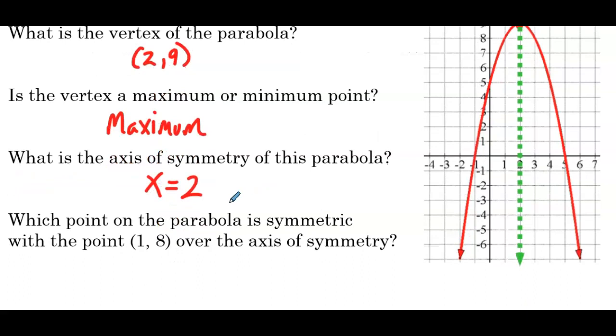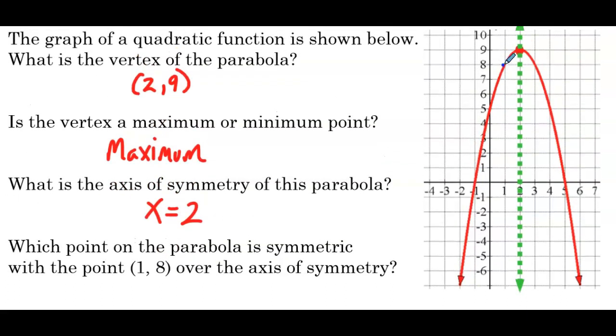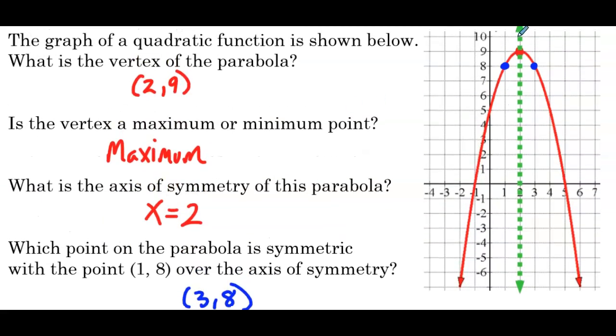Which point on the parabola is symmetric with the point (1, 8)? Okay, so the point (1, 8) is right here. So the point that's symmetric to it is right there, which is (3, 8). Well, why is that the case? Well, that's the case because the axis of symmetry is exactly in the middle of those 2 points. They share the same y value.